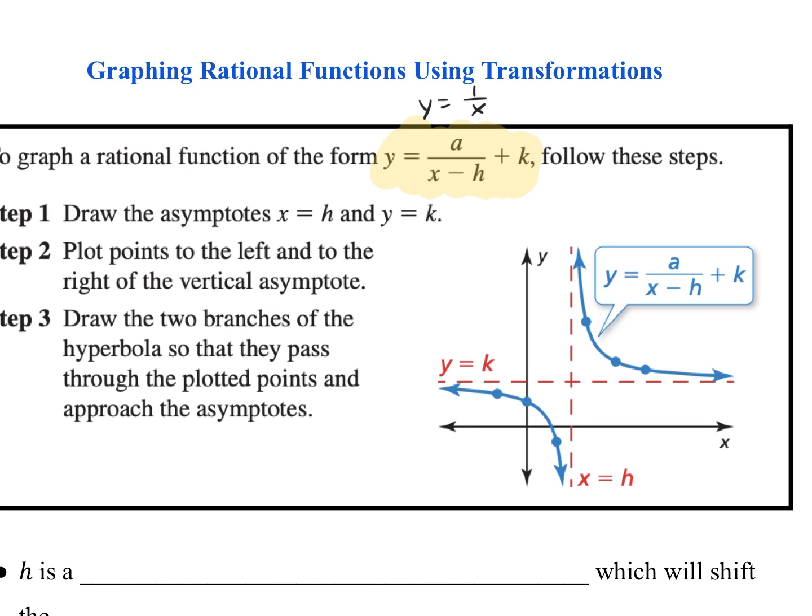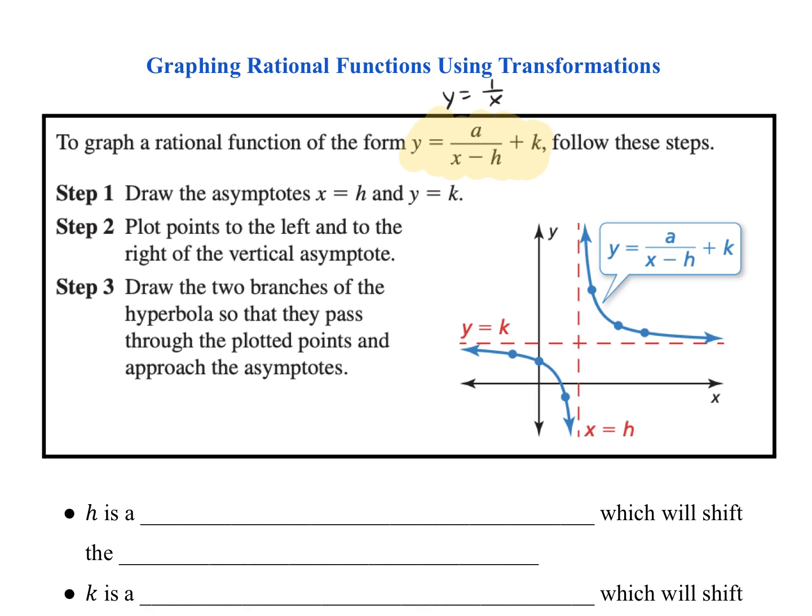So as we talked about, these graphs have both horizontal and vertical asymptotes. So when we're graphing these functions, the first thing I do is figure out where the asymptotes are. The vertical asymptote, which for the parent function starts at x equals 0, can only be moved by a shift left or right. So whatever your h value is, and notice it does say x minus h, x equals h will be your vertical asymptote equation.